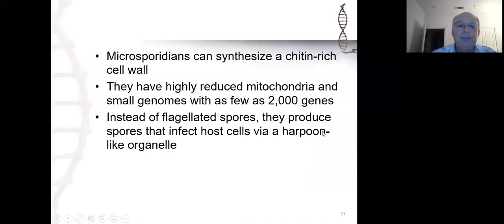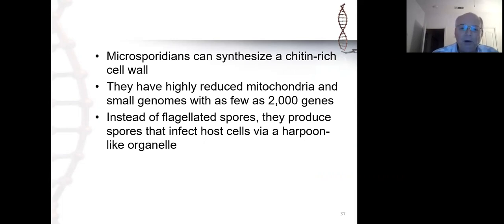enterprise as well. So the one thing that sets microsporidia aside from the other basal groups of fungi is that they don't have a flagellated stage. Their reproductive cells, their spores, instead use a harpoon-like feature to allow them to penetrate into the host cell that they're infecting. But again, that's a feature of them as parasites.